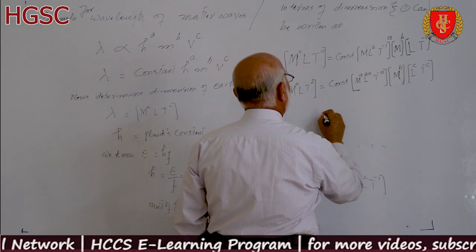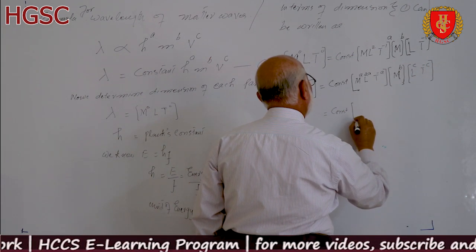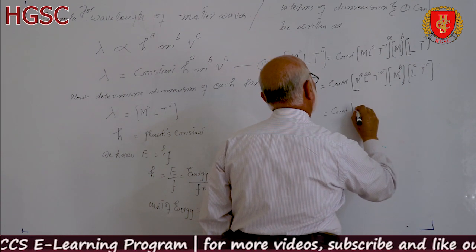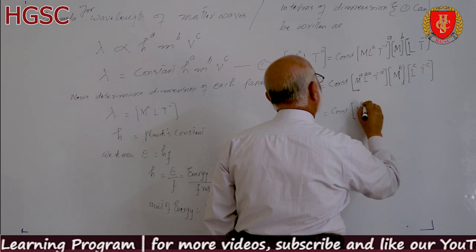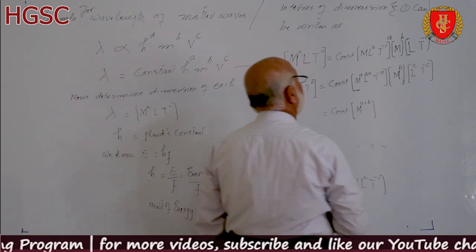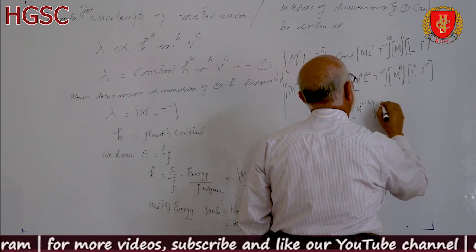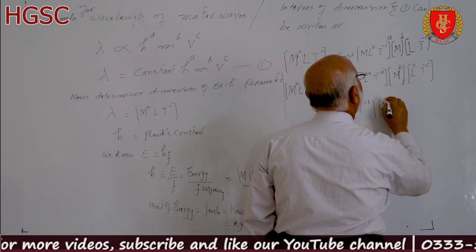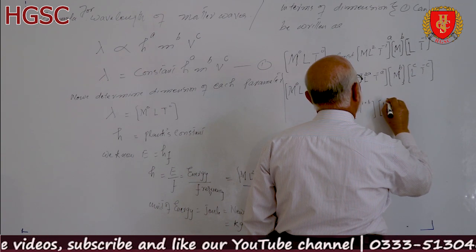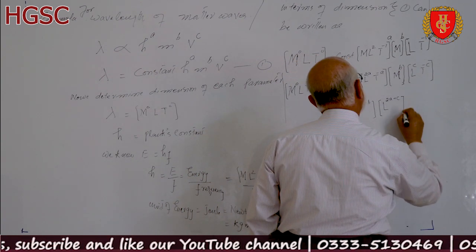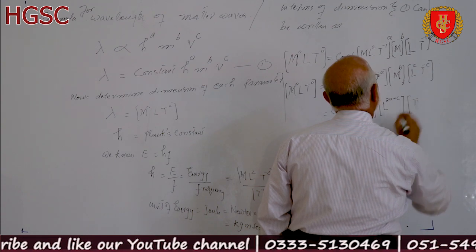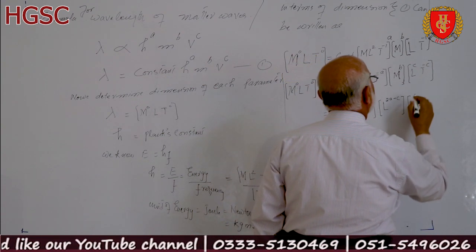Further we can write the constant powers of mass M as a plus b, power of length 2a plus c, and T as minus a minus c.